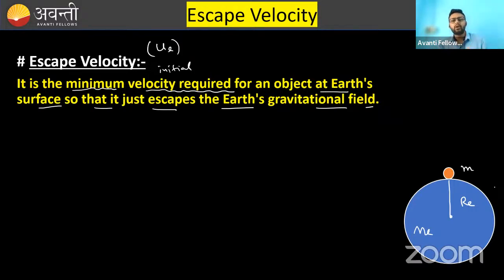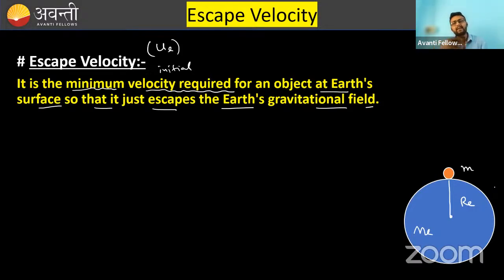Now, what I am trying to do, I will throw this ball in the upward direction. And what is the meaning of minimum velocity? When I throw this ball upward, certainly its velocity will decrease while moving upward. So what I say is that after crossing the gravitational field of the Earth, or you can say after reaching infinite distance, its velocity is just zero.